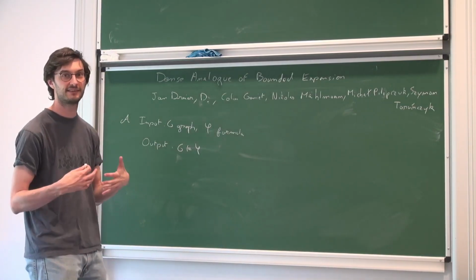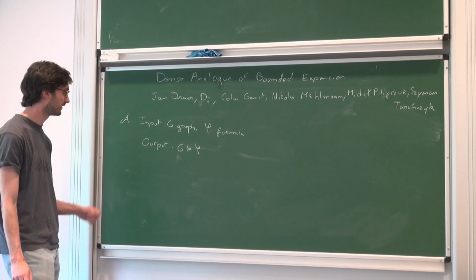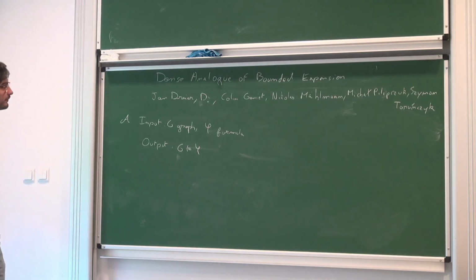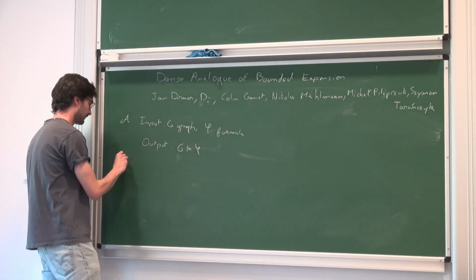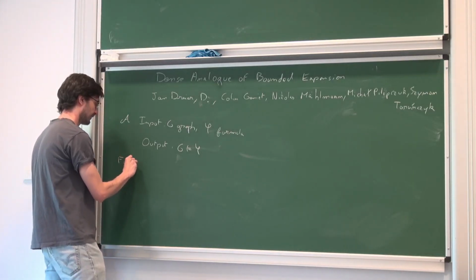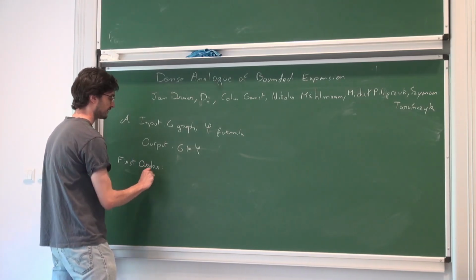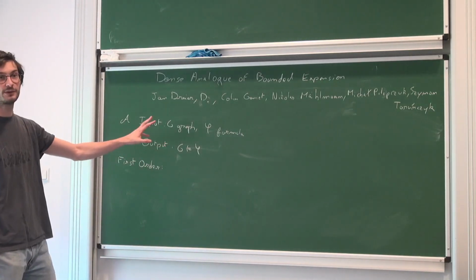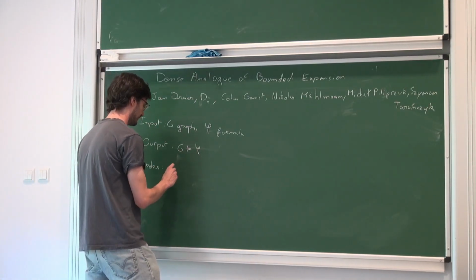So we will search for algorithms in subsets of all graphs. The first order case is when phi is allowed to quantify only on vertices of the graph.